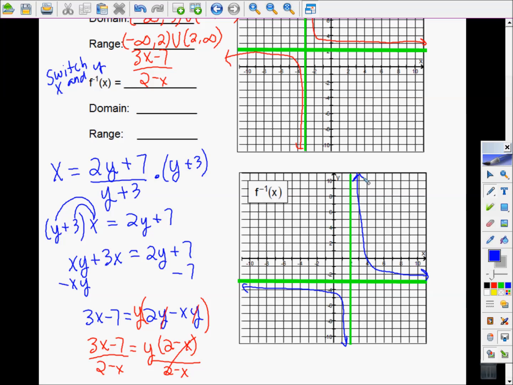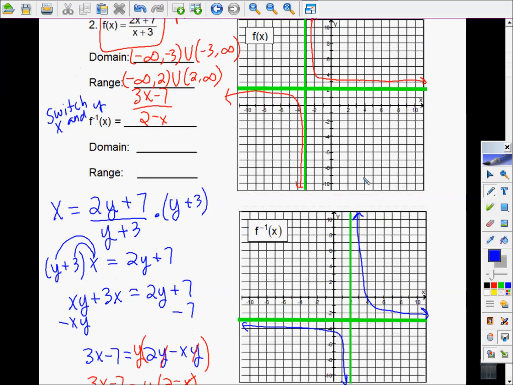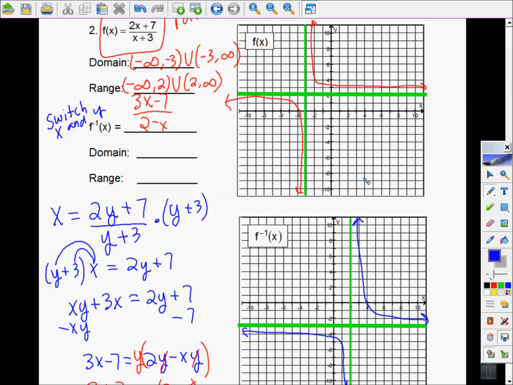You messed up, right? You did the problem wrong. All right, so what's my domain? It's the what of my original? Range. It's the range of my original. So it's from negative infinity to 2, 2 to positive infinity. And then my range is the domain of the original.